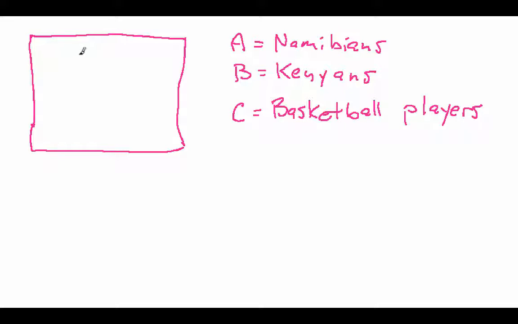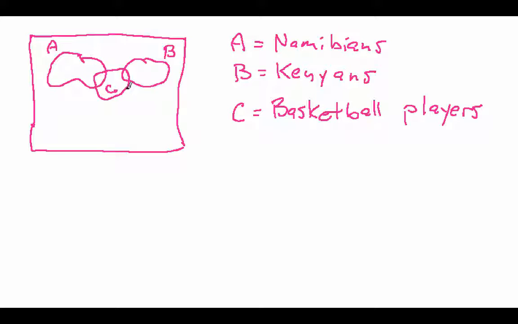So let's pretend that that is A. Let's pretend that is B. And let's come over here and do something like this. Why don't we make that C?